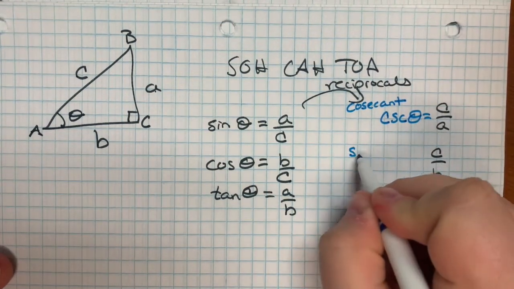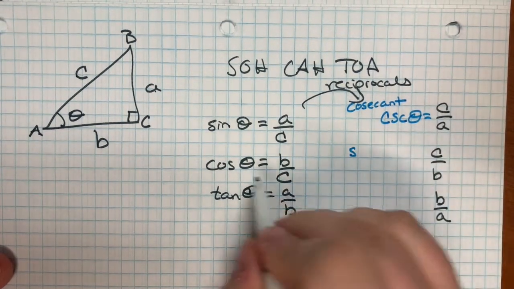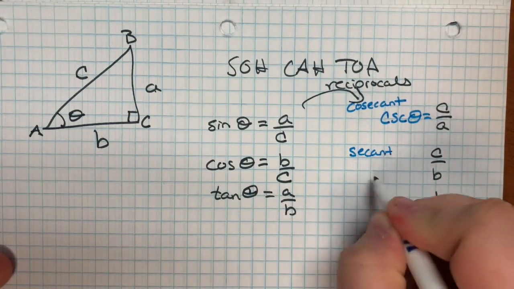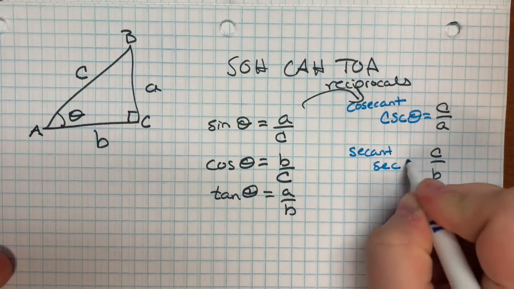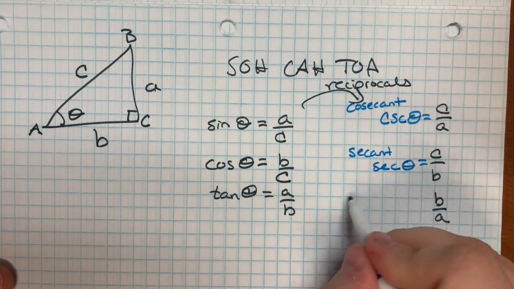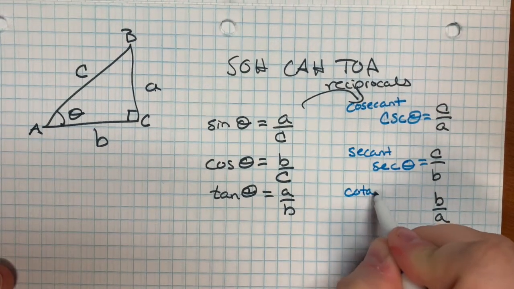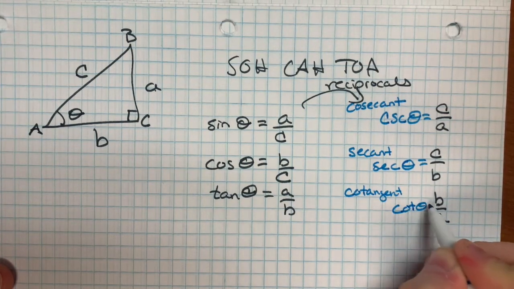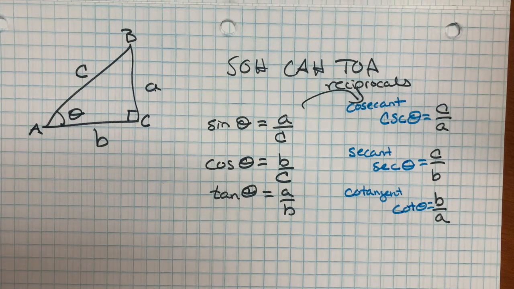The second, the reciprocal of cosine, is secant, which we abbreviate SEC of theta. And the last is the cotangent, which we abbreviate COT of theta, is B over A.